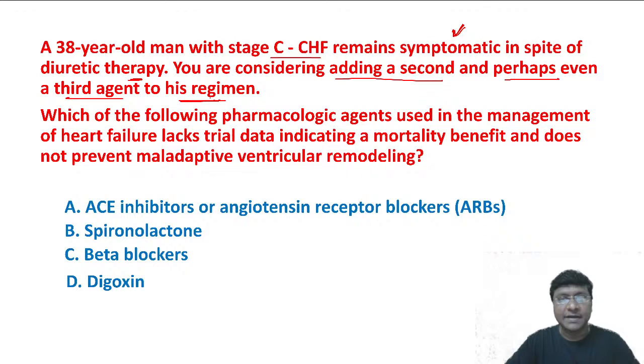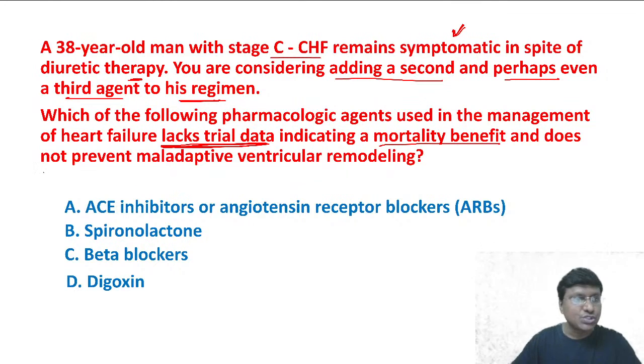Which of the following pharmacological agents used in the management of heart failure lacks trial data indicating a mortality benefit and does not prevent maladaptive ventricular remodeling? Right, so fairly good, excellent, appreciated very much. So the options are ACE inhibitors, spironolactone, beta blockers, digoxin.